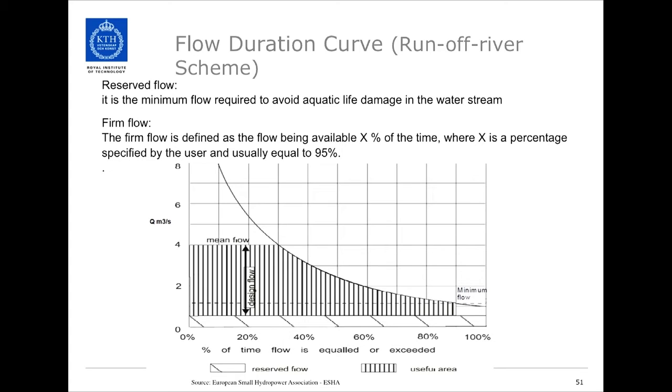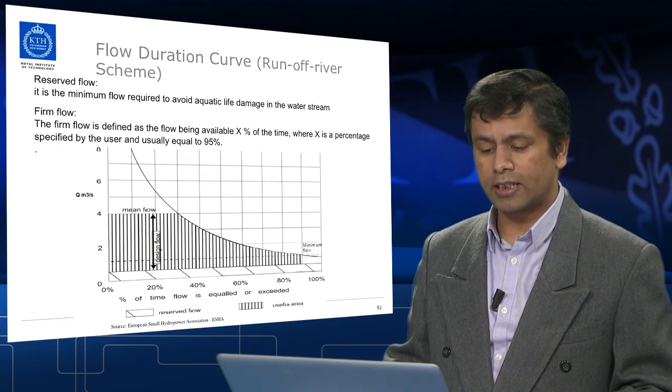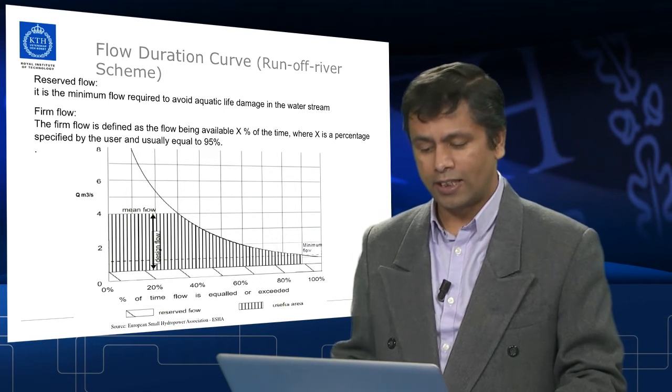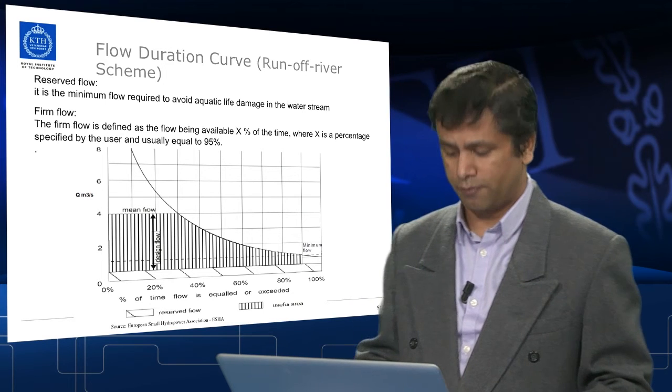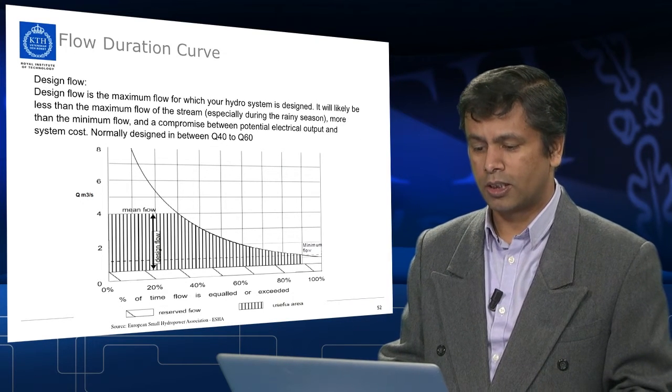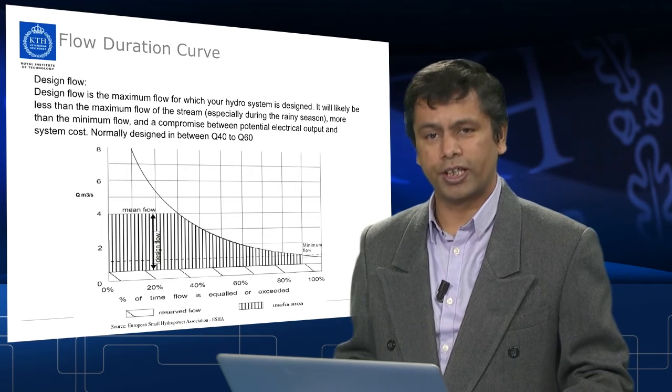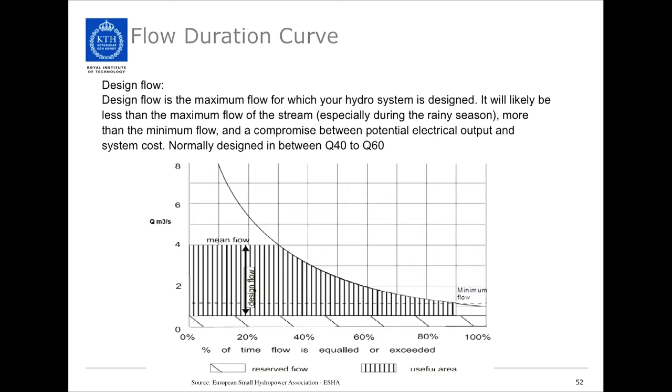The firm flow is the flow available X percent of the time, where X is the percentage specified by the users, and it is usually 95%. You can design the powerhouse taking the mean flow as the design flow, and sometimes people design the powerhouse at Q40 or Q60, that means at 40% exceedance or 60% exceedance.